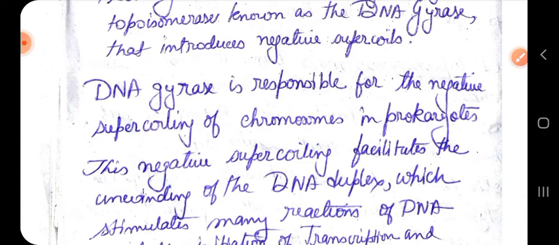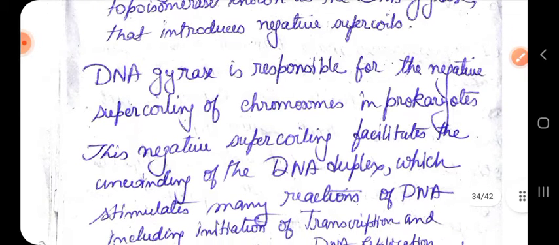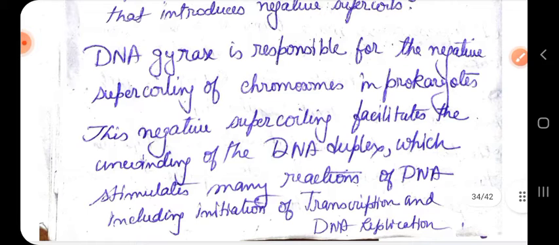So if you see from the transcription point of view or replication point of view, DNA gyrase introduces negative supercoiling in the chromosomes in prokaryotes, due to which the unwinding of DNA occurs.